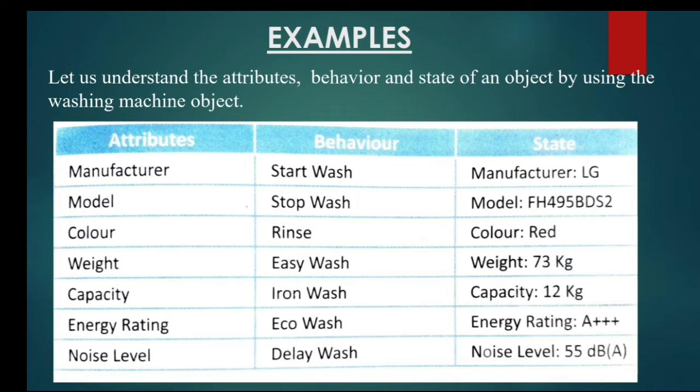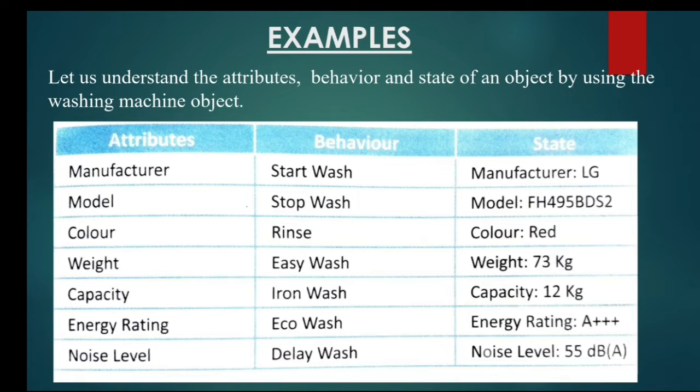First one is manufacturer, second one is model, third one is color, fourth one is weight, fifth one is capacity, sixth one is energy rating, and the last one is noise level. These are the seven characteristics of any washing machine.